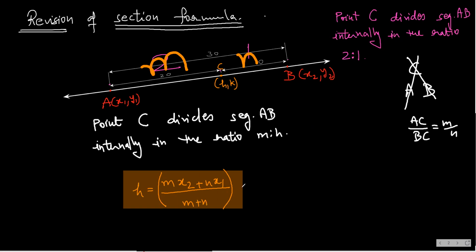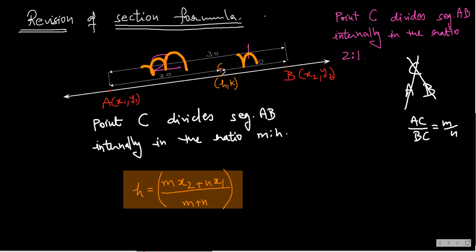See, there is a derivation. That derivation right now we are not taking because we are taking the formula directly. I will show you one trick for remembering this. See, m multiplies x2. How will you remember this? The trick is, C is the main point here because C is the point which is dividing the segment AB.